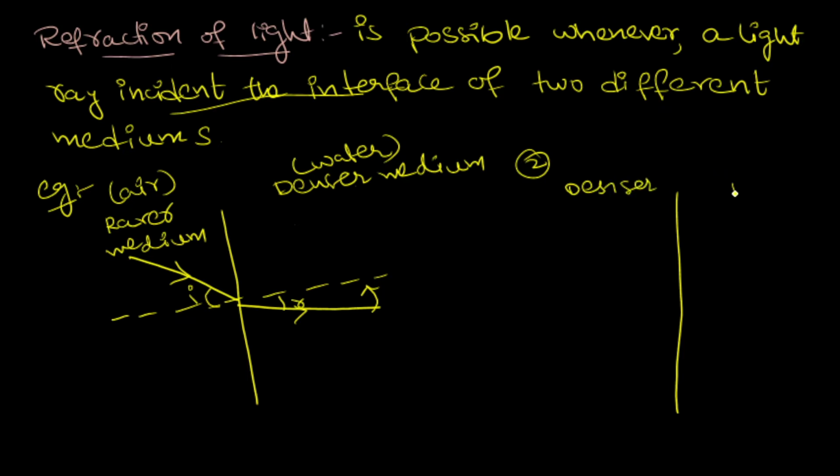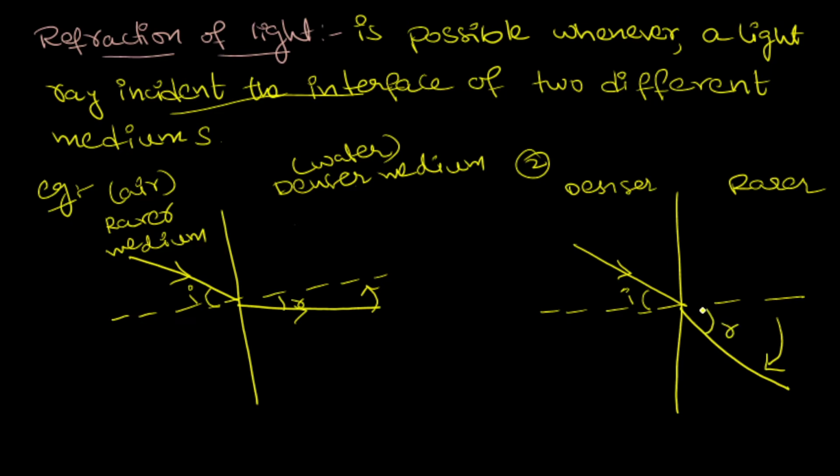If this is the normal to this plane surface, and this is the incident ray at this point, and i is the angle made by this incident ray with this normal, after refraction, what happens? The refracted ray will bend away from the normal, and it makes an angle r with this normal. This is about the plane surface.